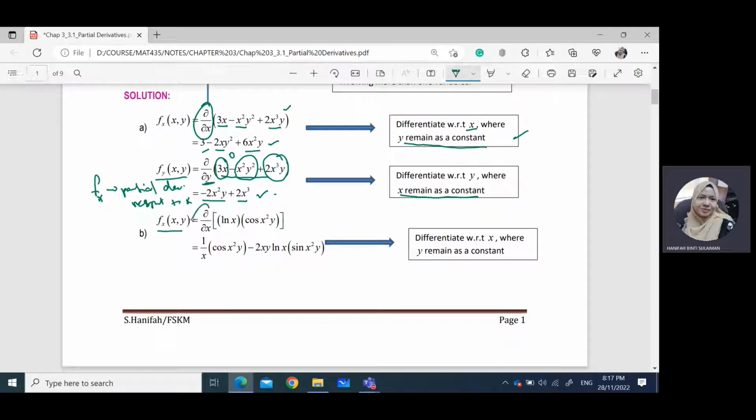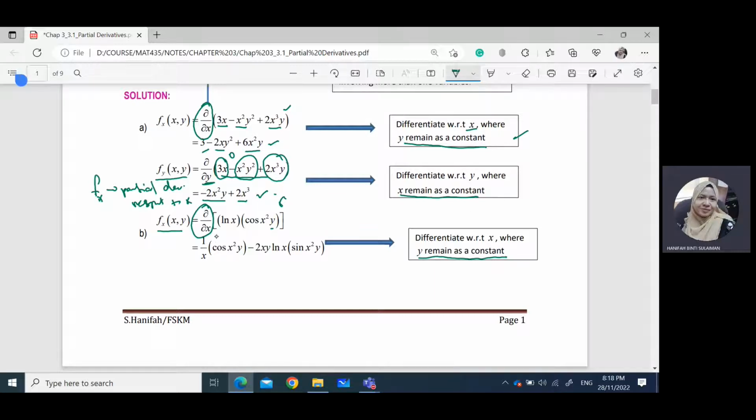Okay, so we use this notation, which represents the partial derivative. So we differentiate with respect to x the given function, natural log of x times cosine of x squared y. As usual, when you differentiate with respect to x, y remains a constant. So y will be a constant.